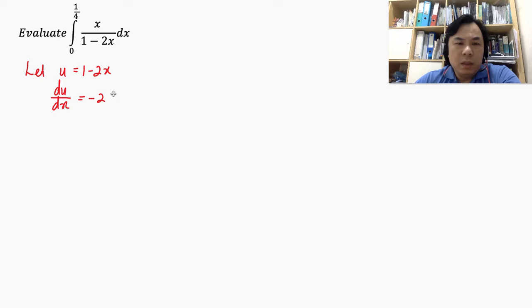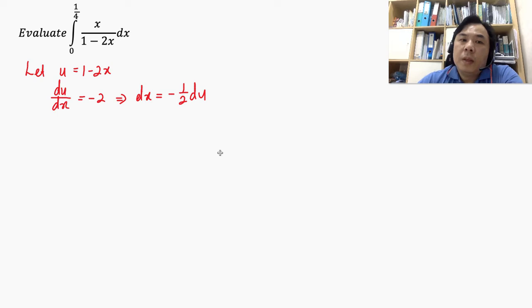And then for some of you who like to arrange this in this way, you let dx be the subject in this case. So therefore there will be negative half du. Then we are almost done. And then we are also going to change the upper bound and the lower bound.